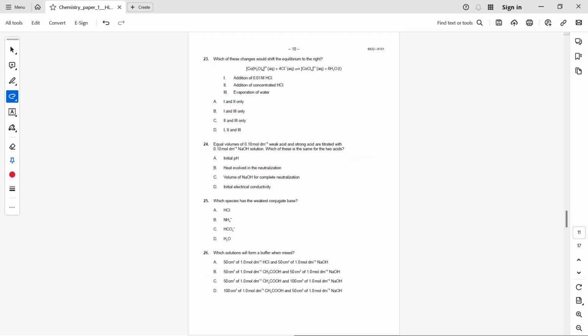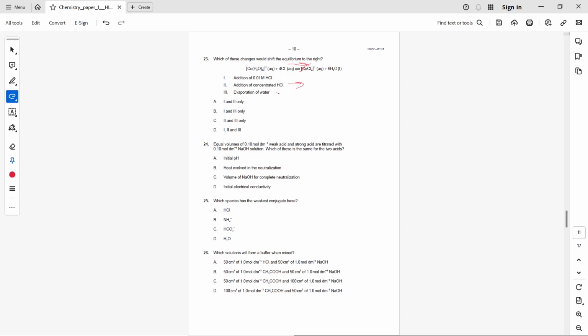For the next question, of course, option 3 works because by decreasing the amount of water, by Le Chatelier's principle, the equilibrium is going to the right to compensate for this water. And option 2 also works because if we have more chloride ions, then the equilibrium is trying to get rid of those ions.